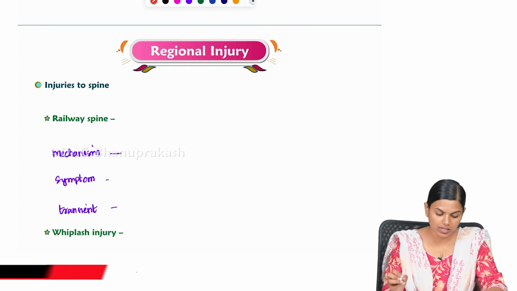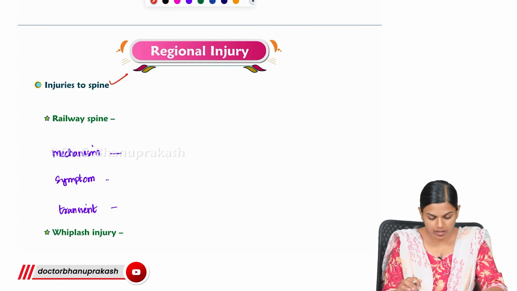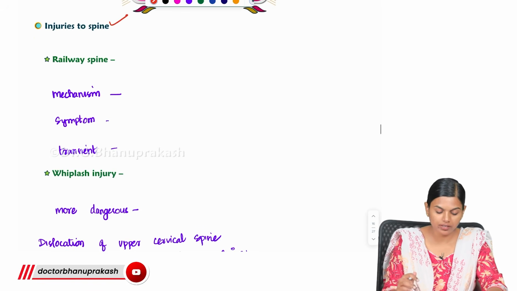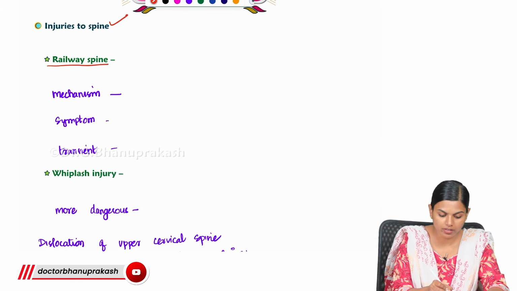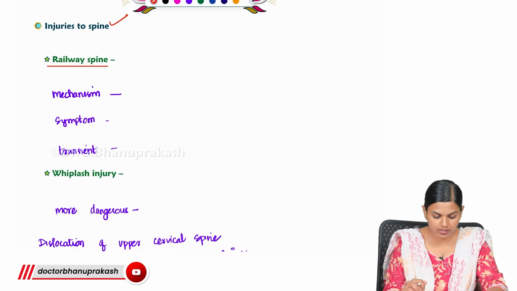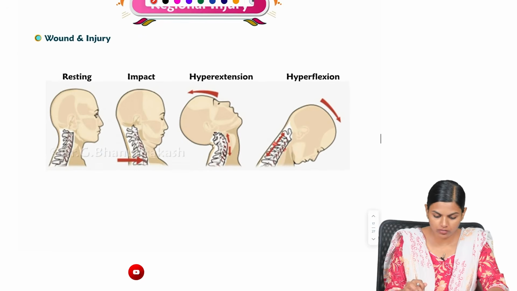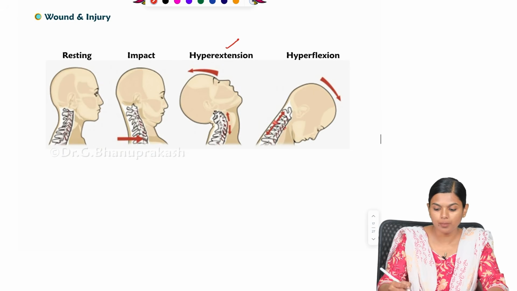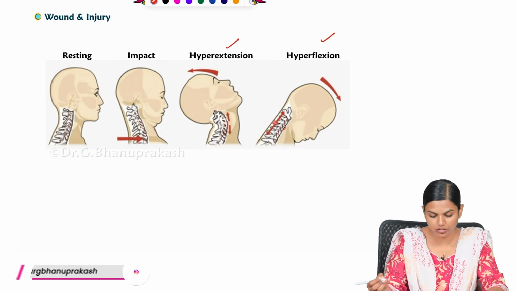Now we are going to see injuries to the spine. In the spinal injury, the first thing that we are going to see is railway spine. So railway spine is something that happens because of sudden hyperextension and hyperflexion.